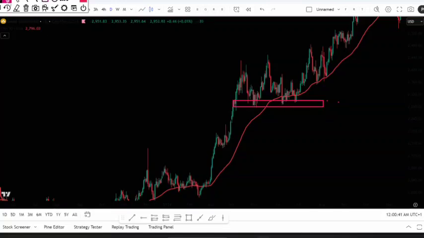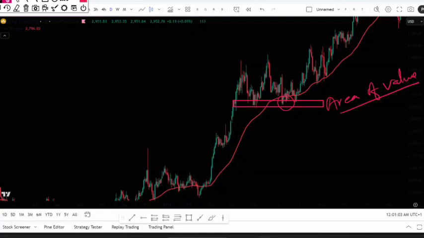Yeah, and here the 50 EMA is also coming together. That means at this zone we have the area of value. So at this level you should be thinking of a long trade.